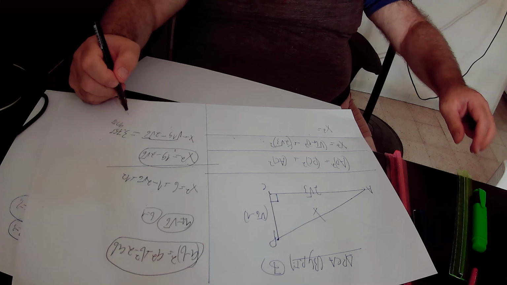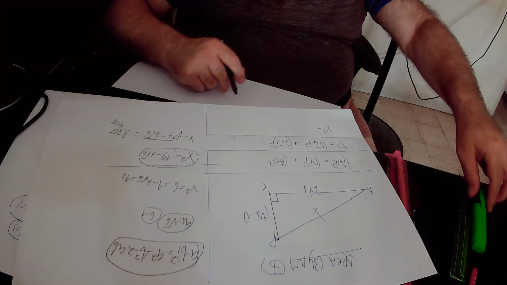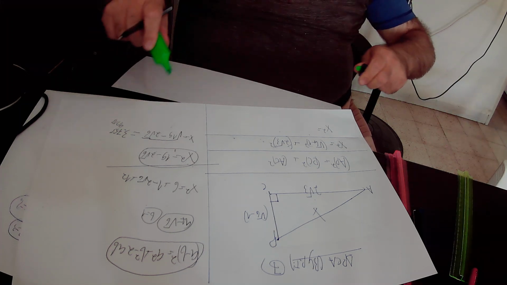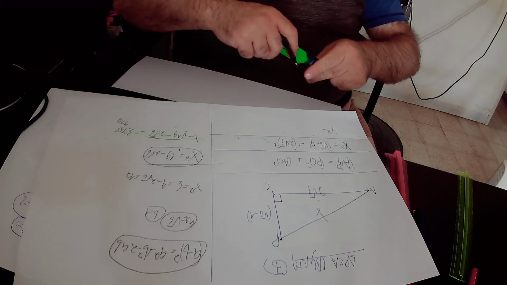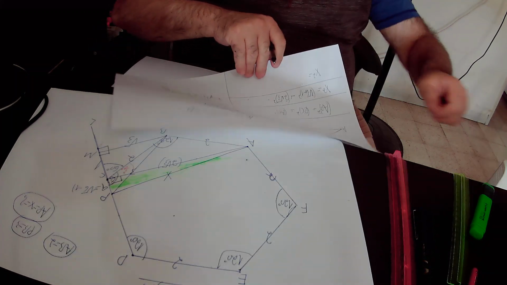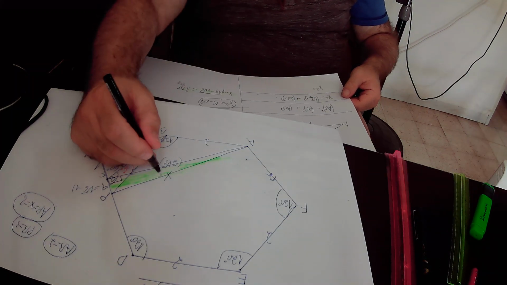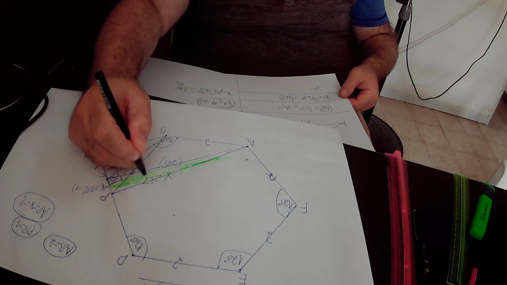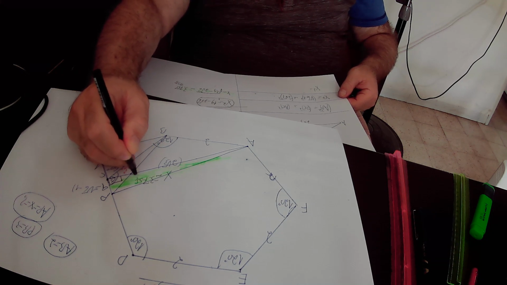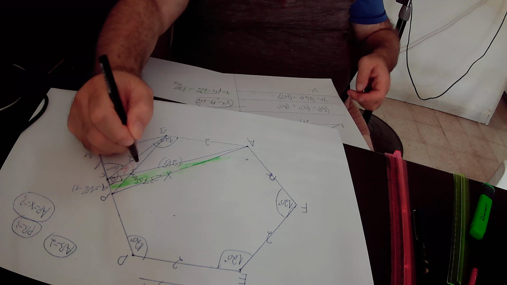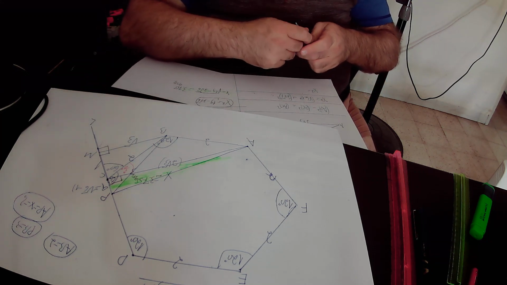Okay, so we finished the question. And so here x equals 3.755 units. In the next step, I will summarize the lecture.